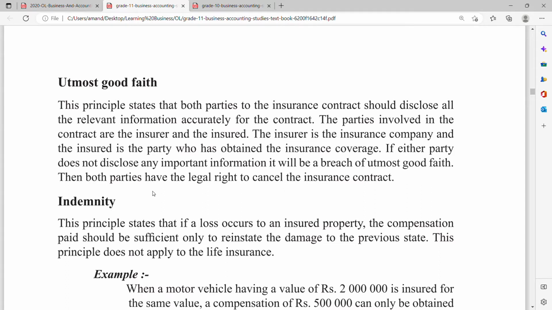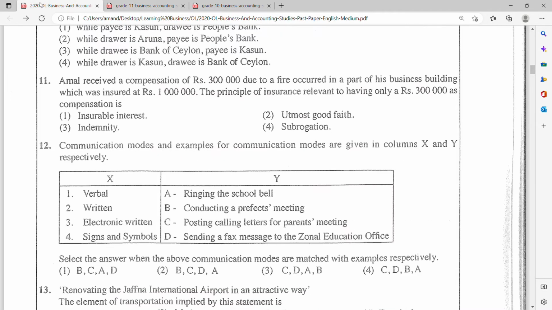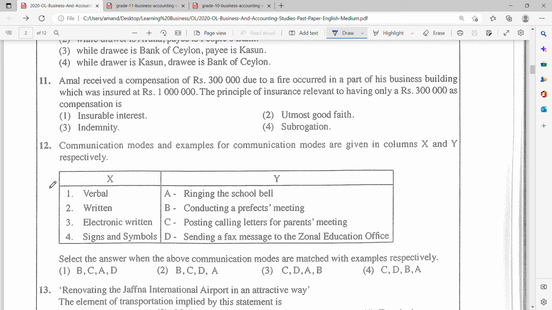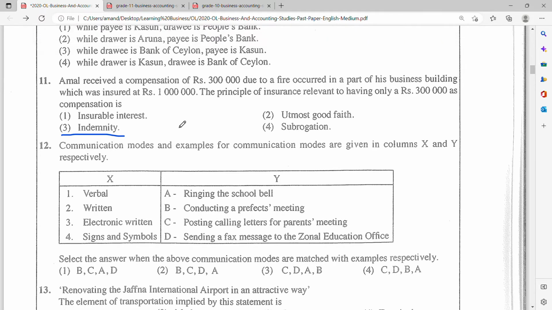It only applies to property insurance. So, according to this case, it's clear that receiving only 300,000 while you have insured for 1 million is due to this principle called indemnity. So, answer is 3.